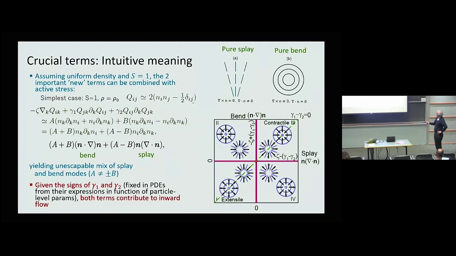A is the coefficient of the theta linear force term, and B is gamma 1 minus gamma 2. This looks anti-symmetric to the bend and splay deformation, so it cannot be derived from the divergence of stress. However, it can generally exist. And in this simplified diagram, in the splay and the bend, these 4 states can be classified.